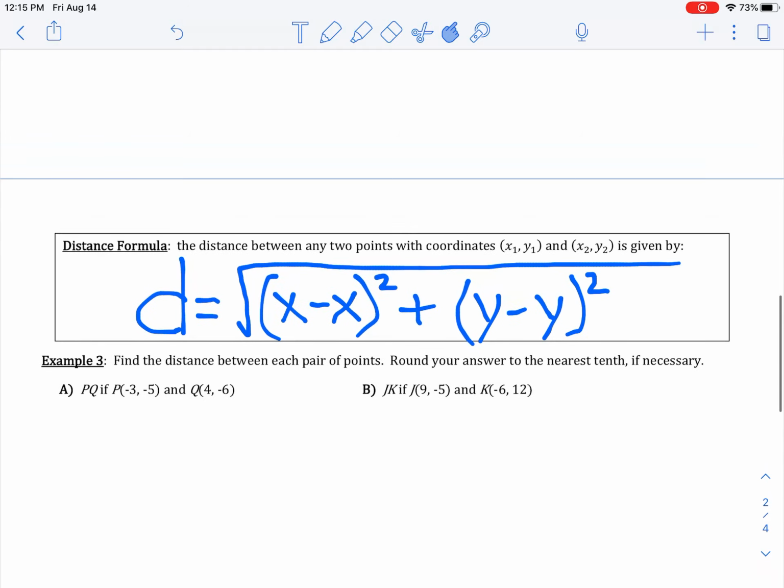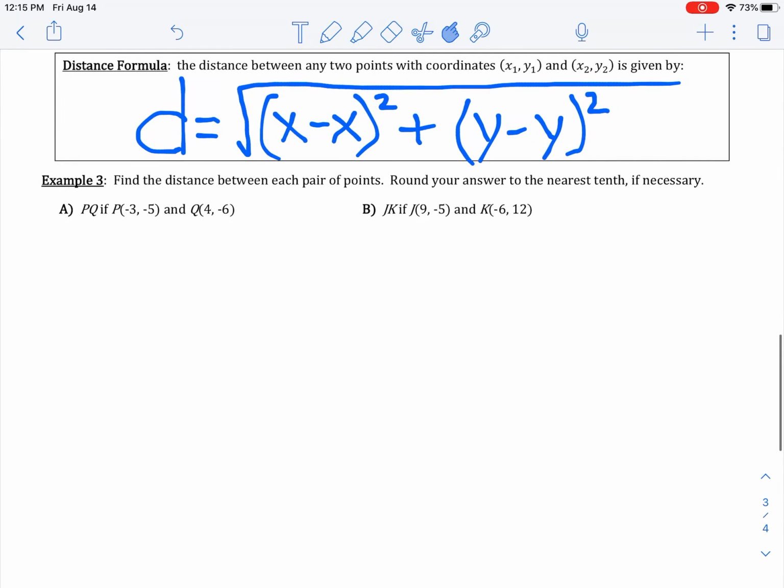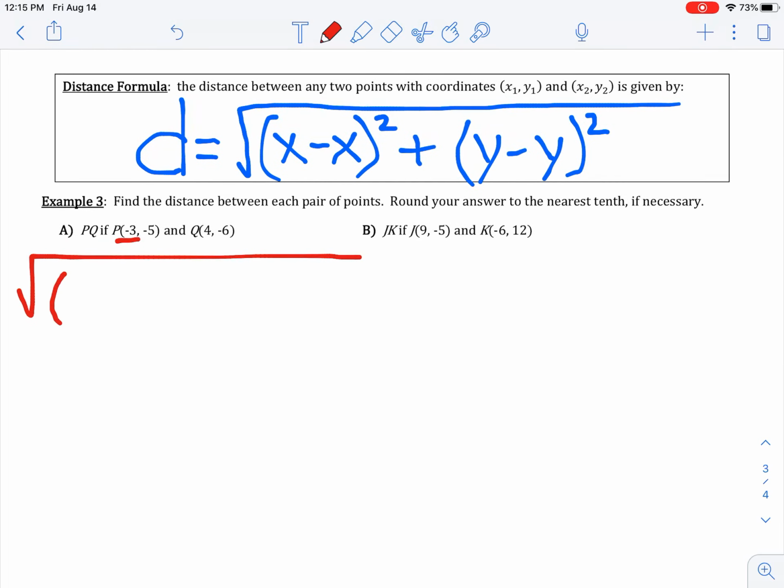We have our formula, the distance formula. We know x is the first term in the ordered pair and y is the second. So we are going to begin to plug this in. All right, my first x is a negative 3, so I'm going to start there.